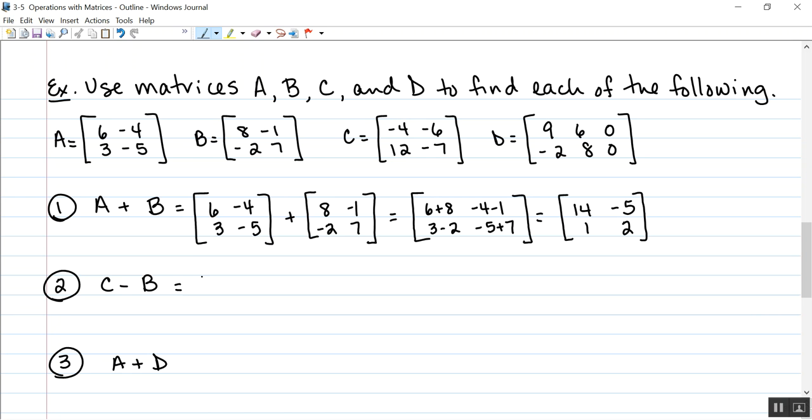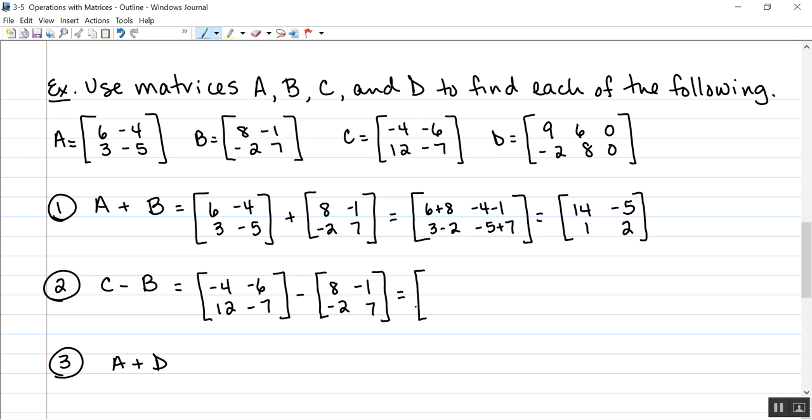Subtraction works the same way, so I'm going to subtract matrix B from matrix C, C minus B. So 8, -1, -2, and 7.